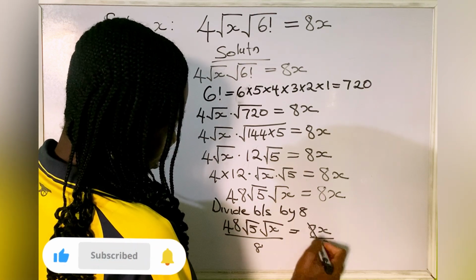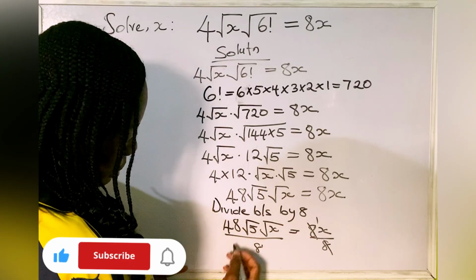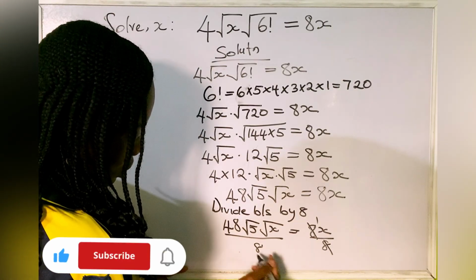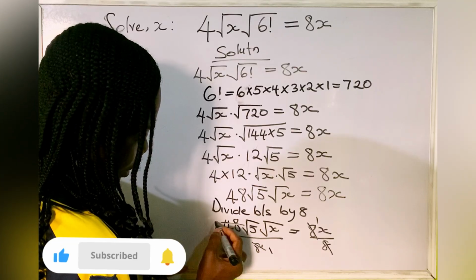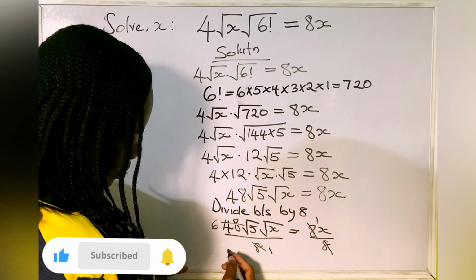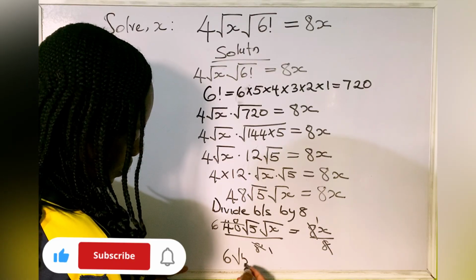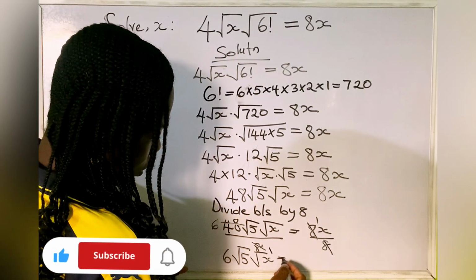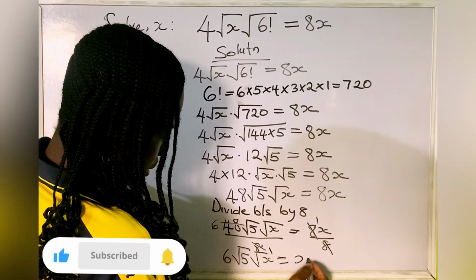So 8 cancels 8 to have 1, and 48 divided by 8 gives us 6. So we have 6 root 5 root x is equal to x.